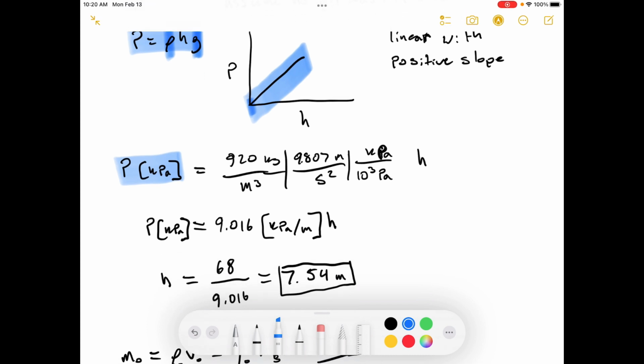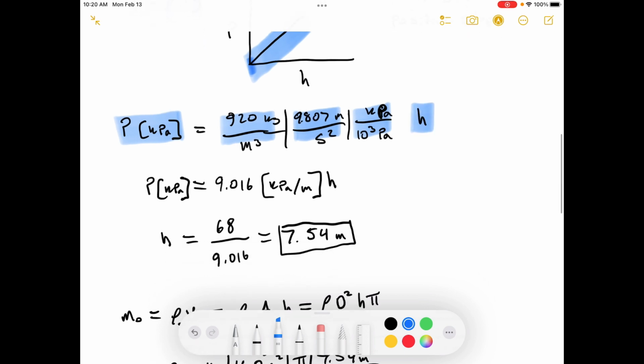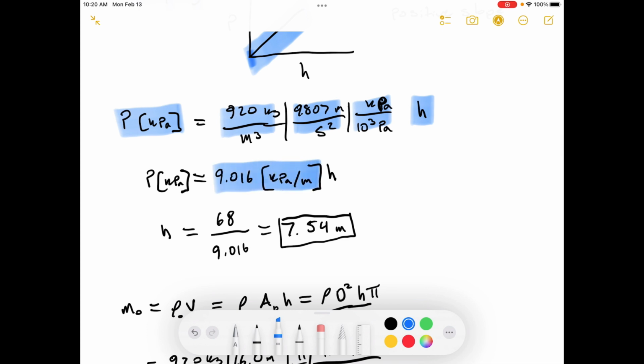Okay, so that's what we do here. We have our density, we have our acceleration due to gravity, and then we convert to kilopascals, and we're left with kilopascals per meter, and then we multiply that by h, and that equals the pressure. Combine all these together, and we get this relationship.